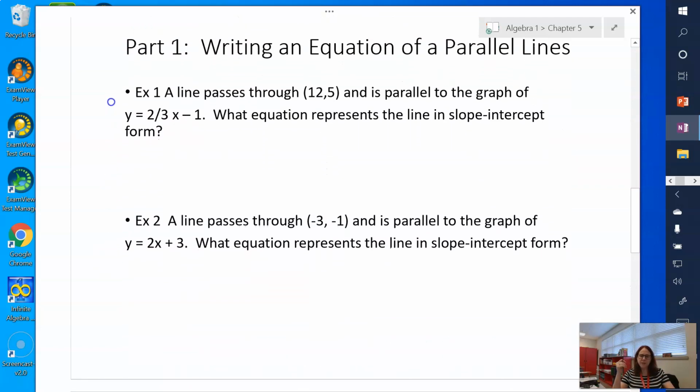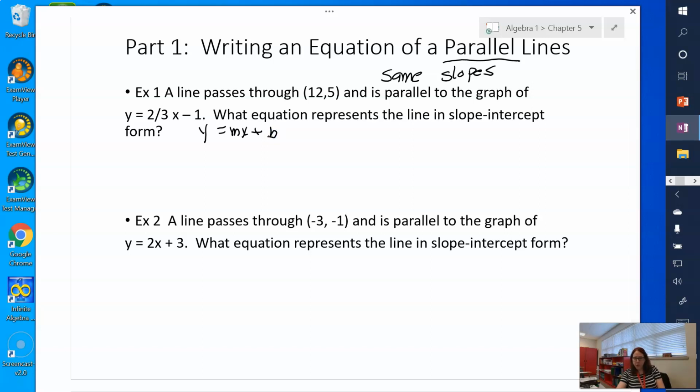So now let's write some equations of parallel lines. Parallel, slopes are the same. Just keep that in mind. And there's actually two ways you can do this. What we want is y = mx + b. So option 1 is solve for b, and I'll do that on our first example.